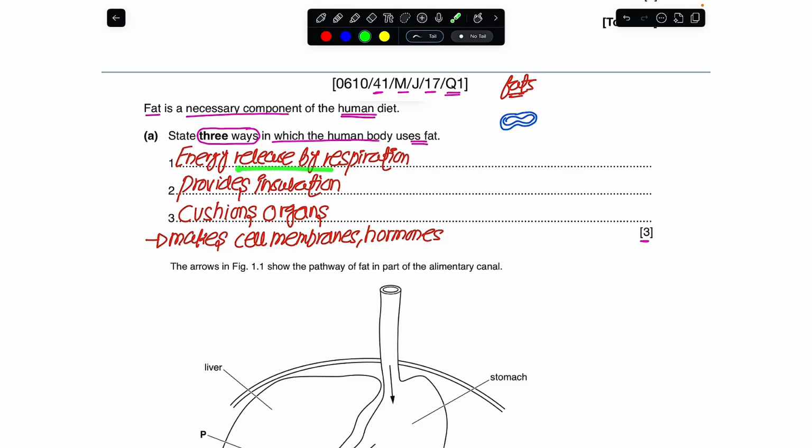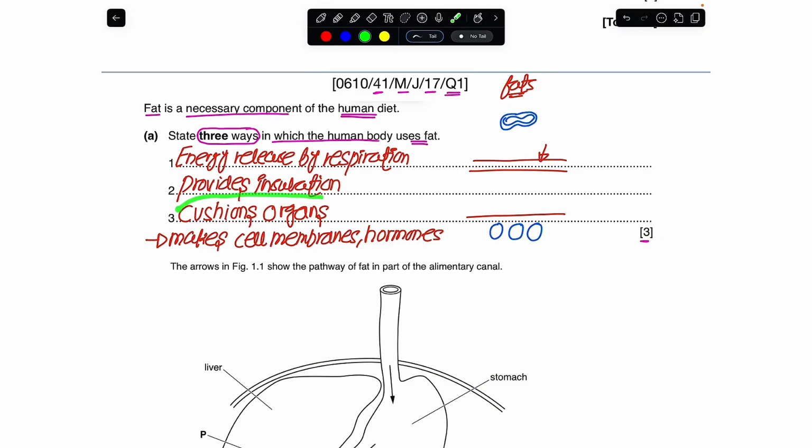The other valid statement is that fat provides insulation, because in our skin, below the top epidermis and the dermis, we have fat tissues that store fat, and they do not allow heat to escape out of the body, which is why fats provide insulation.